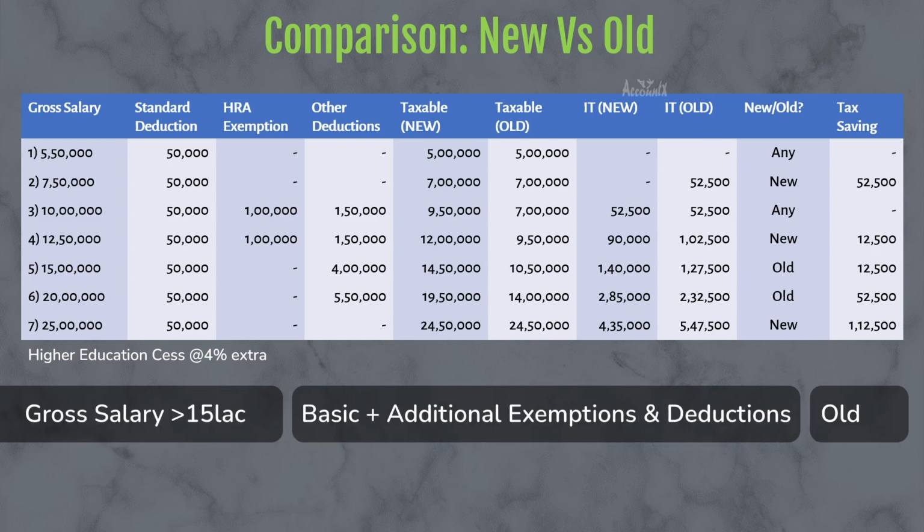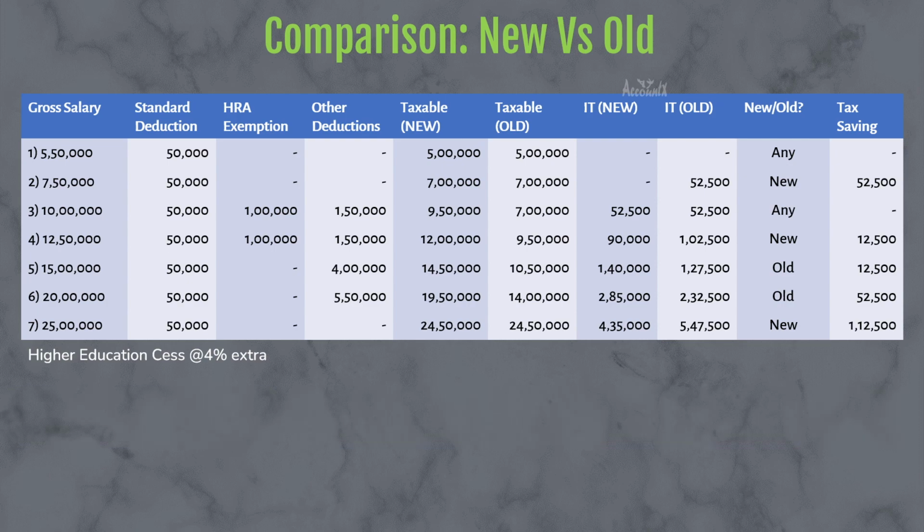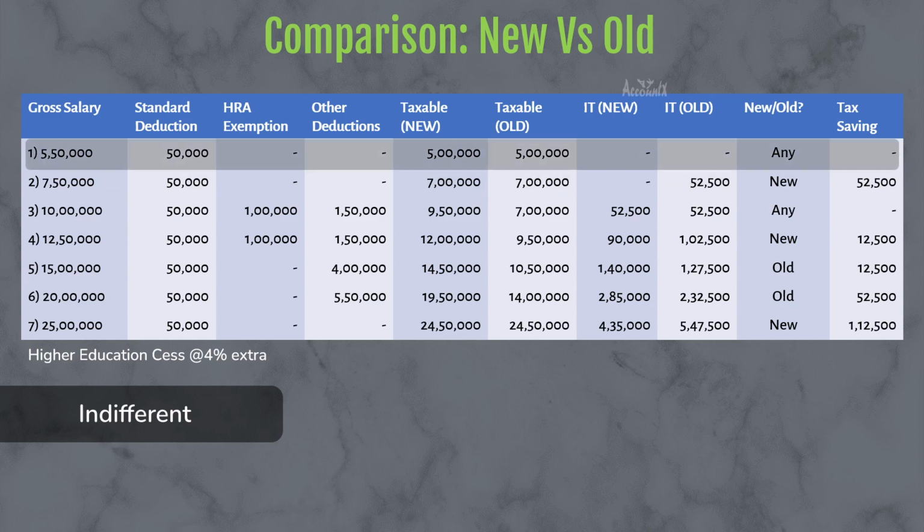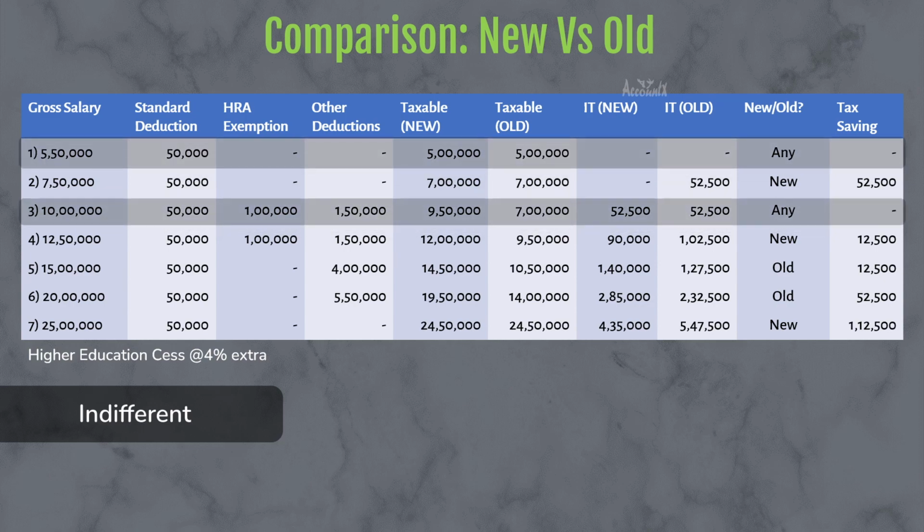To put it differently, if you do not have these additional exemptions and deductions, then it is better to choose the new tax regime. But if you are indifferent, that is, you can either choose new tax regime or old tax regime, say for instance, scenario 1 and 3, you can choose any of the two tax regimes.